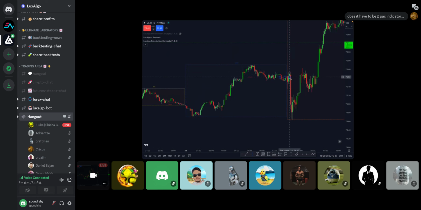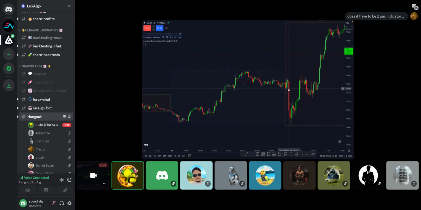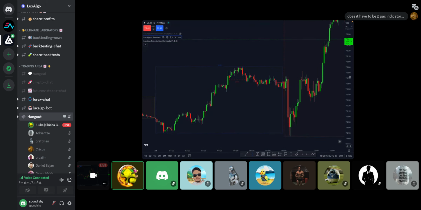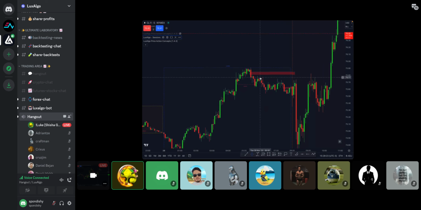I took this short. I made roughly $900 on this trade, but that was pure luck. I was waiting for an entry at this FVG, but the price never came back to it. We tried to come back to it, we failed to do so, we tried and failed again, and again.